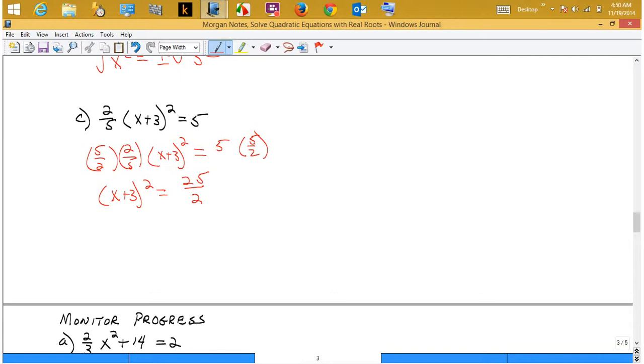Okay, the next step is I'm going to take the square root of both sides. Because I have the squared term isolated, we're going to take the square root of x plus 3 squared is equal to the square root of 25 over 2.